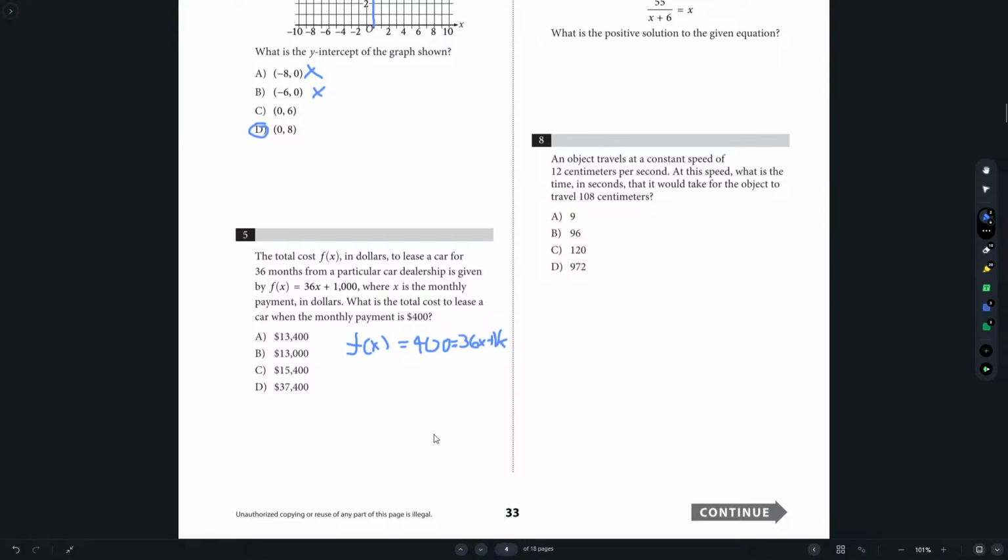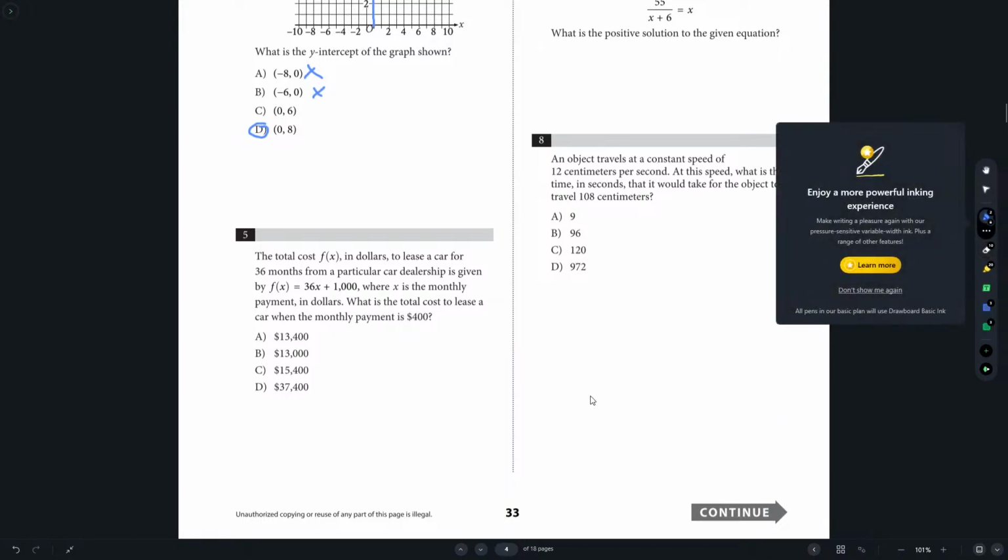We should not subtract 1,000 from each side. What am I doing wrong here? Where x is the monthly payment. Let's redo this.